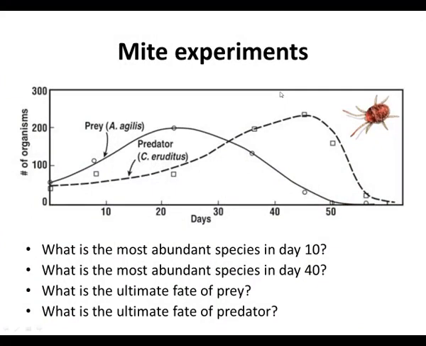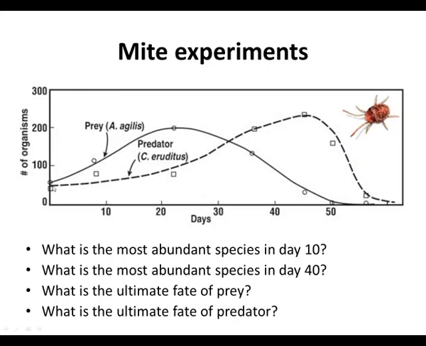Okay, so let's go back to the same lab. This is Dr. Ghosh's lab, and you may remember that it's the same person who did experiments with paramecium. In this case, he did more experiments with mites. He wanted to study the population dynamics between a prey and a predator species of mites.